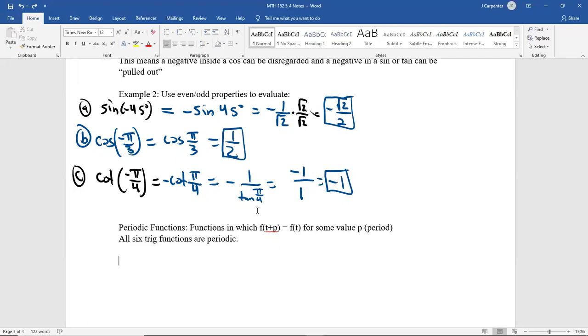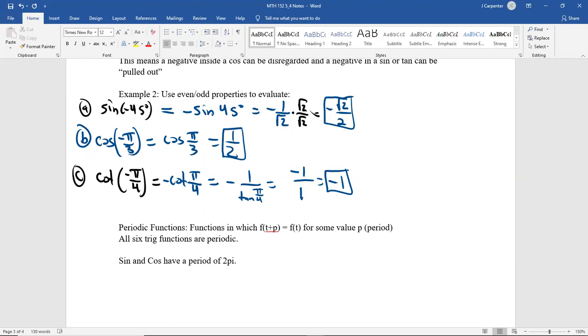More specifically, sine and cosine have a period of 2 pi. Imagine that I just drew the pi symbol there, which means the cosine of 0 is the same as the cosine of 2 pi, is the same as the cosine of 4 pi, is the same as the cosine of 6 pi.